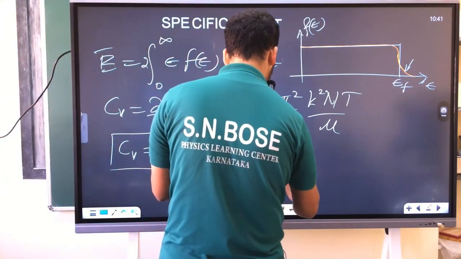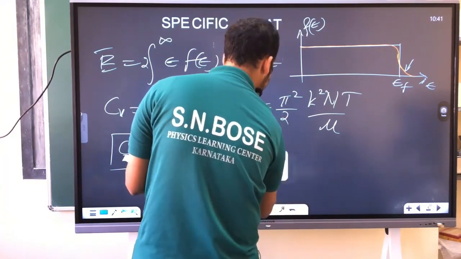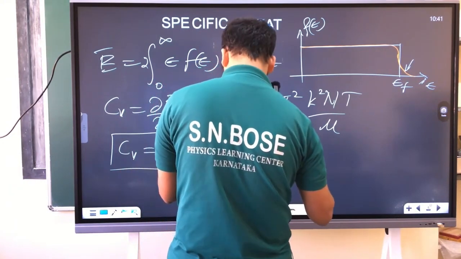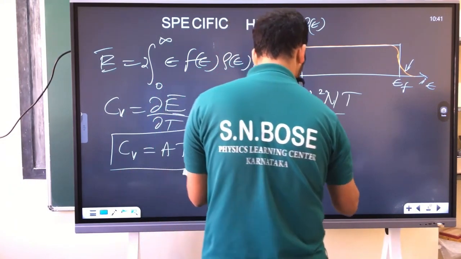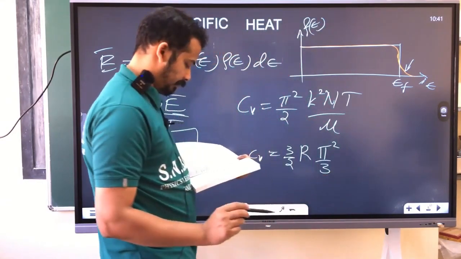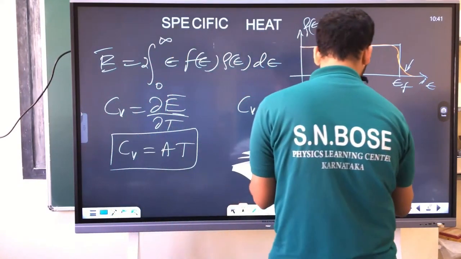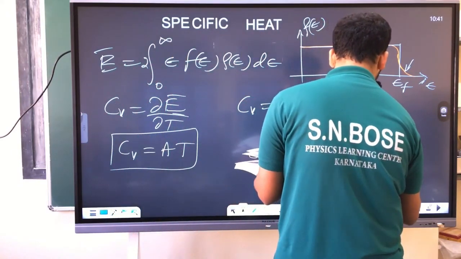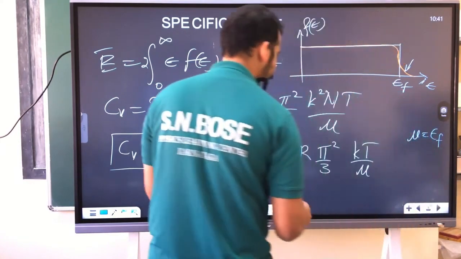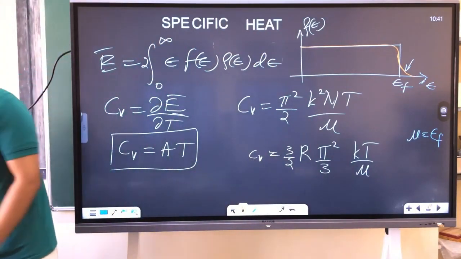I think 3 by 2 R. Molar specific heat, that's equal to 3 by 2 R times pi square by 3 kBT by mu naught. Mu means EF.